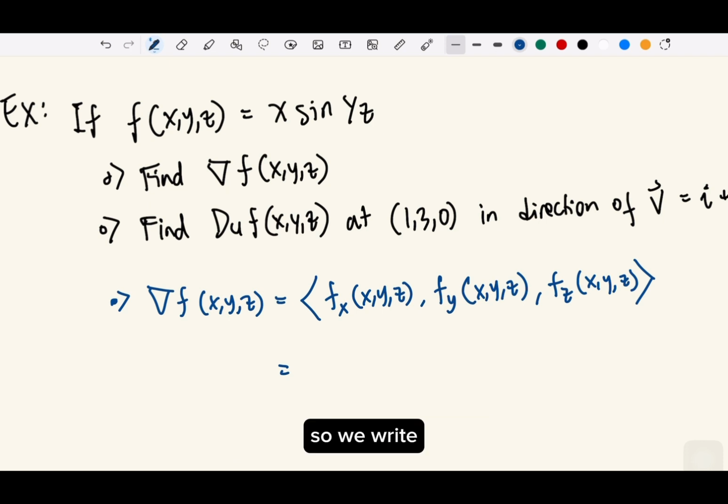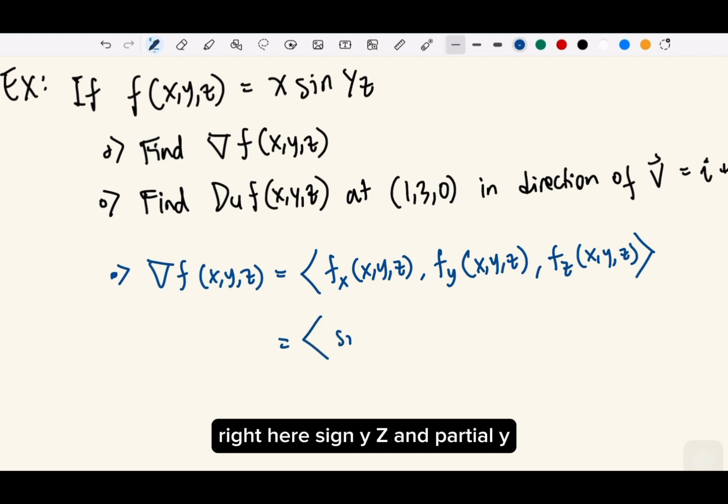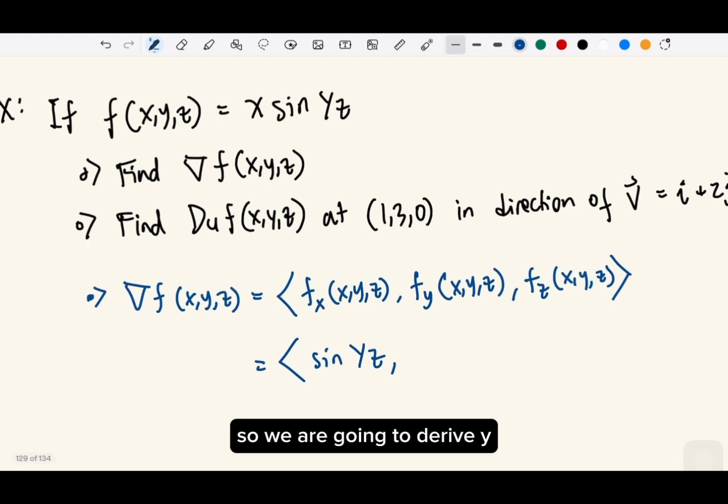So the partial x will be sine yz. And partial y: we are going to derive y.